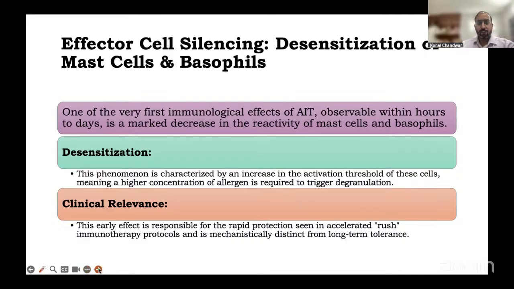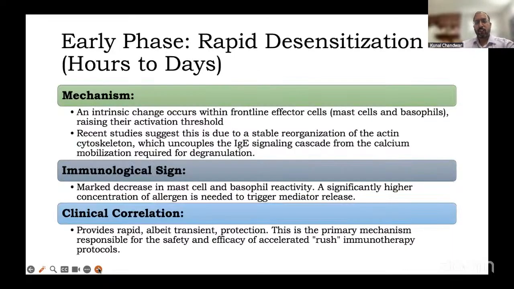There are certain changes in the cytoskeleton with chronic exposure of an allergen on the mast cells that make it difficult for the cascade that starts once an IgE binds to the allergen on the mast cell, and hence it is much more difficult for a mast cell to degranulate on chronic early exposure.